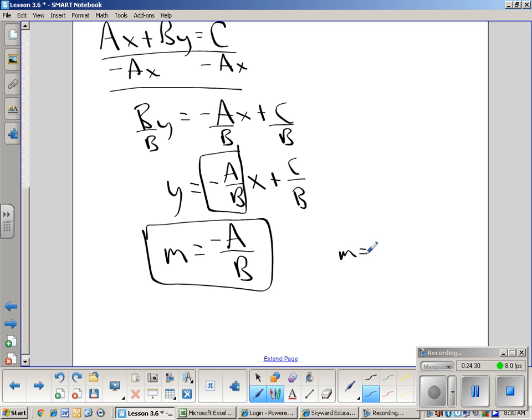You go m equals opposite of a over b equals negative 3 over 2, okay? And then if you had to show the perpendicular slope underneath it, then you could just write, change the sign, flip it over, 2 over 3. Okay? So that's how we find it.